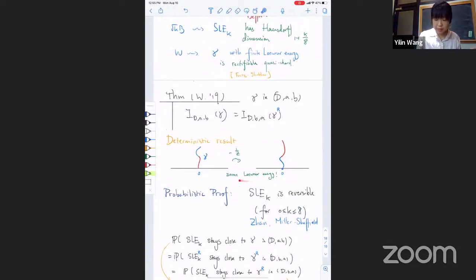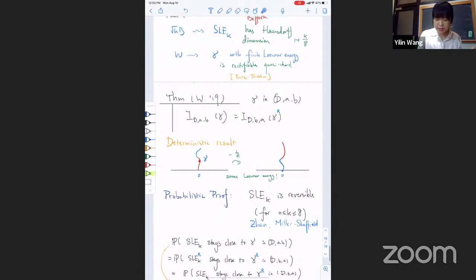However, this deterministic result is very hard to prove if you only know what I told you so far. The reason is that when we define the Loewner driving function, say, what is the driving function at this point? It will depend on how the conformal map of this red part is, right? You have to open this part, you fix infinity, you have to open up this red slit in order to tell where this tip lands on the real line.